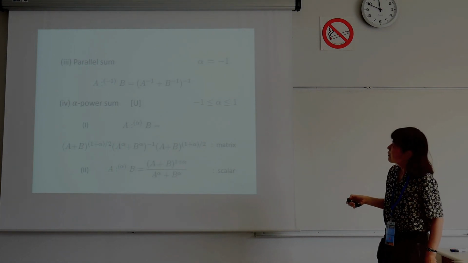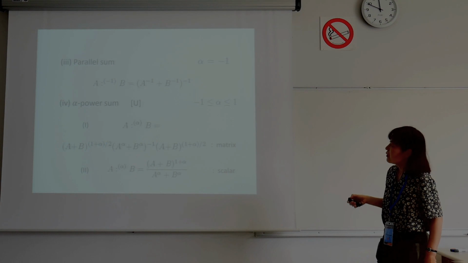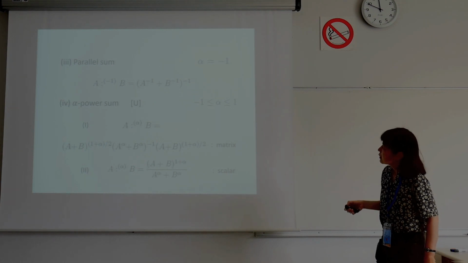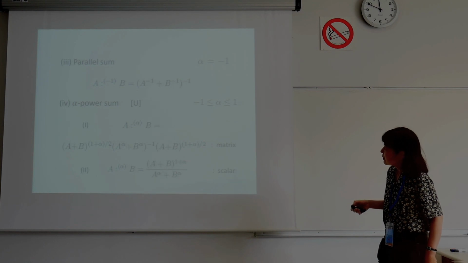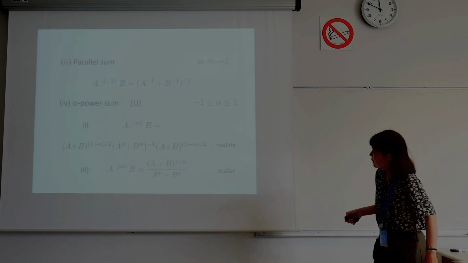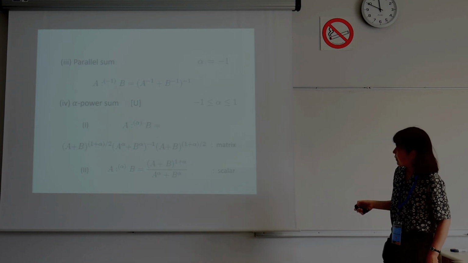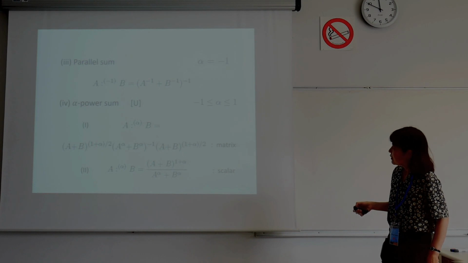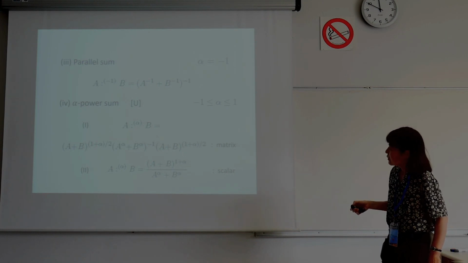The parallel sum is well known. The alpha power sum is defined here by this. So the alpha parameter uses this or this. If A and B are positive definite matrices, this.